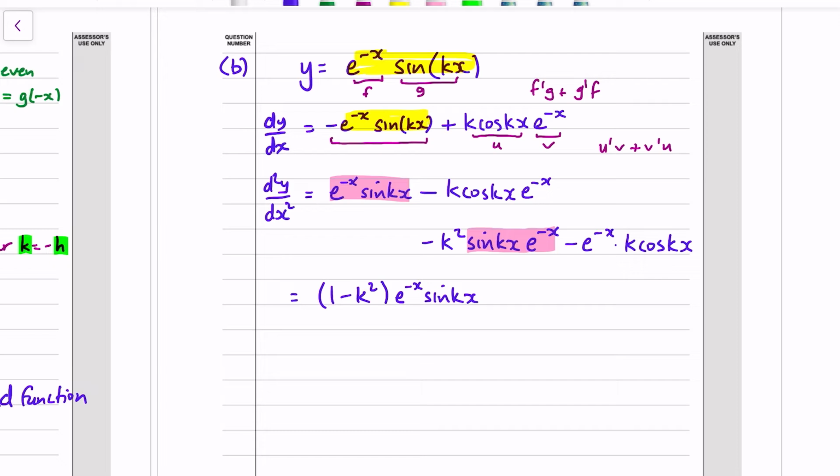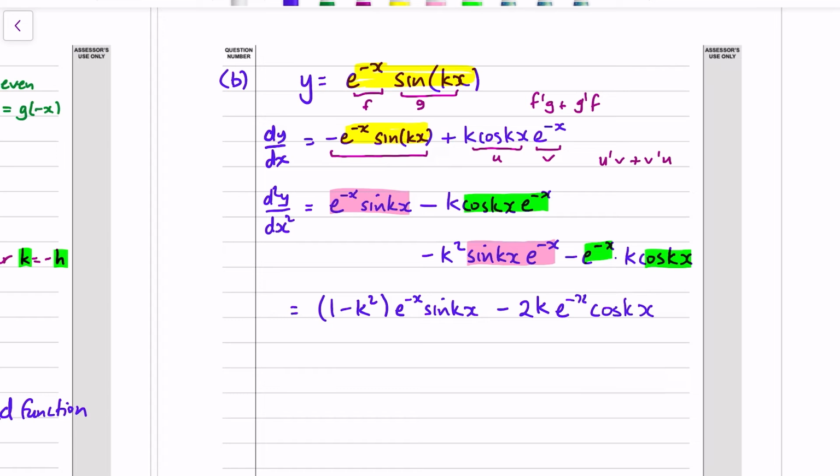And then the other terms that are like terms, e to the minus x cos kx. We've got minus k, and we've got another minus k, so minus 2k e to the minus x cos kx. Okay, so that's the second derivative.